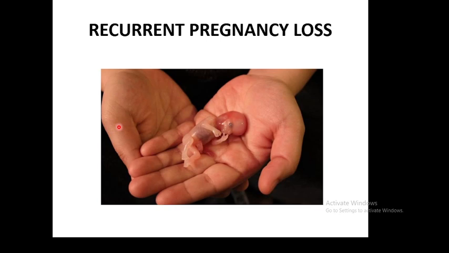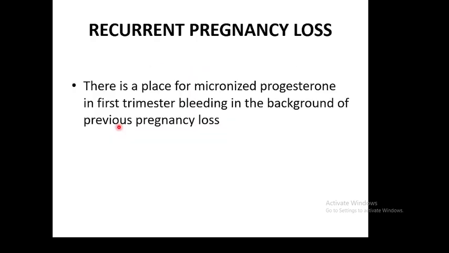In recurrent miscarriage or recurrent pregnancy loss, there's a place for supplementing progesterone in the first trimester till the placenta takes over the progesterone synthesis. There's a place for micronized progesterone in first trimester bleeding in the background of previous pregnancy loss. Progesterone is needed for endometrial receptivity, as a very early pregnancy supplement.